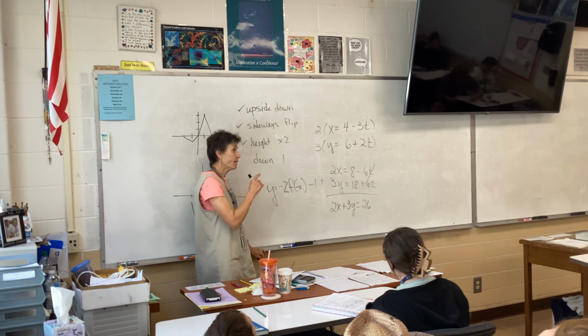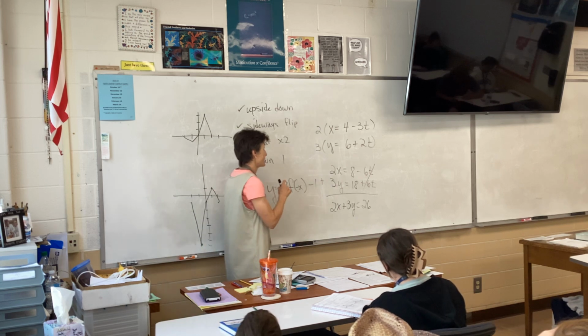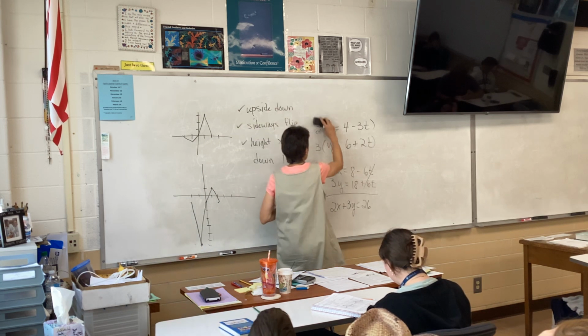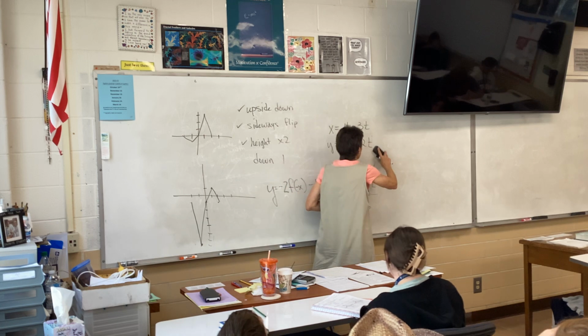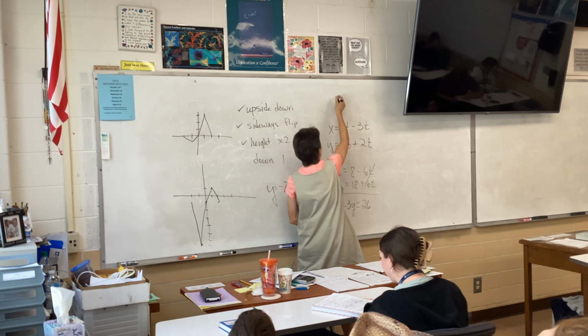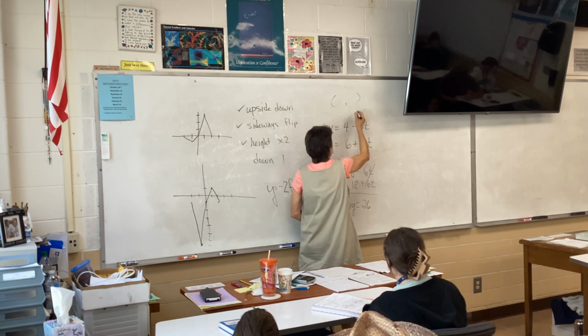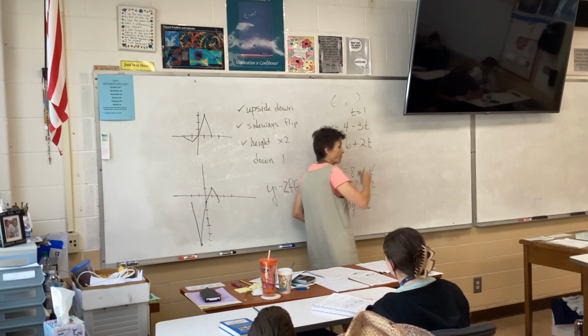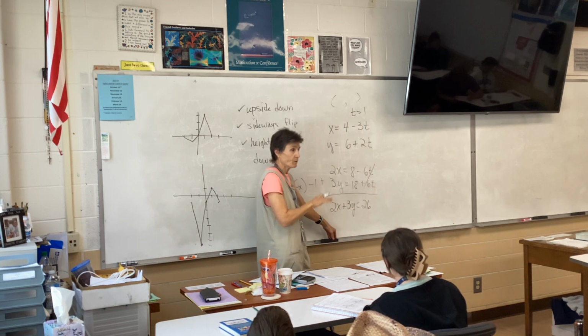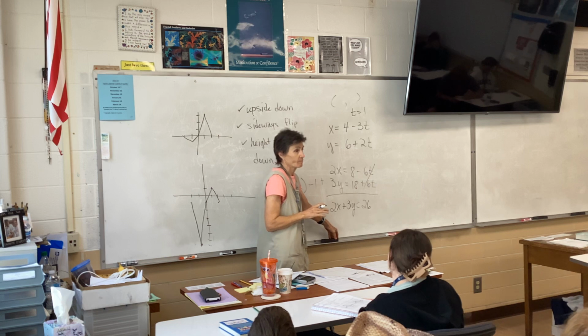Okay, now the other question on the test that will involve equations like this says, find the ordered pair when t equals 1 or something. So what do we do for that one? Plug it into x.